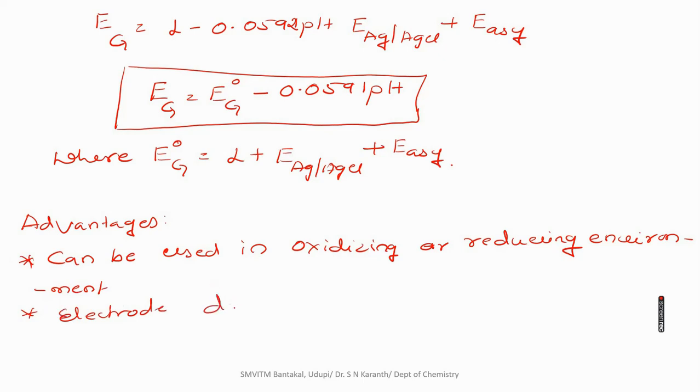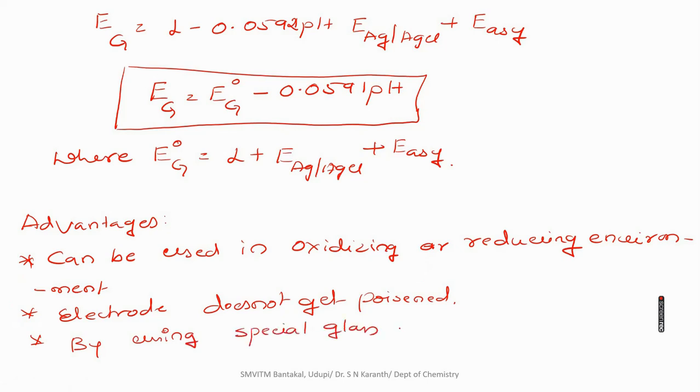Only the silver chloride electrode is inserted in 0.1 N HCl, whereas the platinum wire is present in the external circuit, so the electrode does not get poisoned. And the third advantage is that by using special glass electrodes, pH 1 to 14 can be measured. So these are the three important advantages of glass electrode.